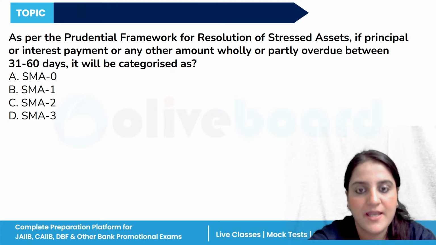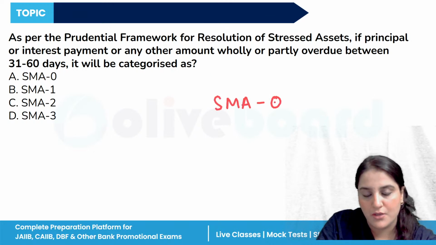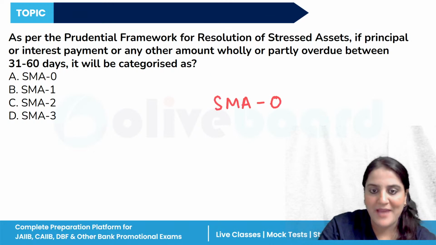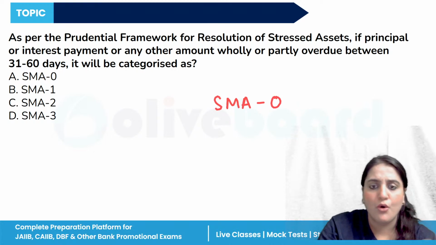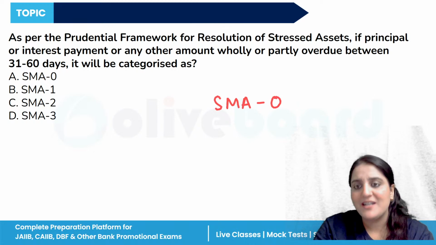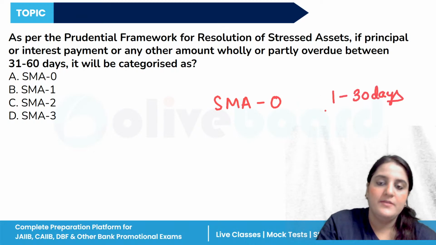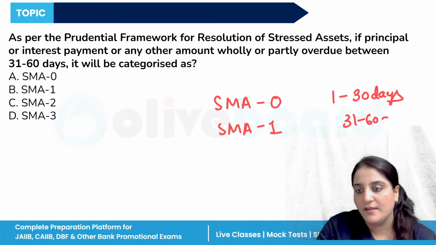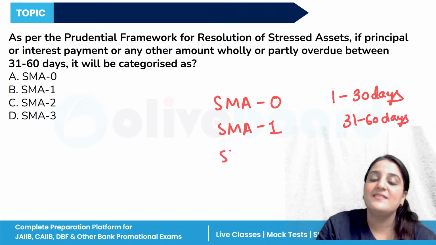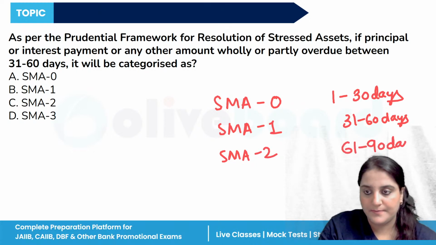We will see the categorization for SMA subcategories. SMA 0 is when principal or interest payment or any other amount is wholly or partly overdue between 1 to 30 days. Then SMA 1 is 31 to 60 days. Then SMA 2 is 61 to 90 days.